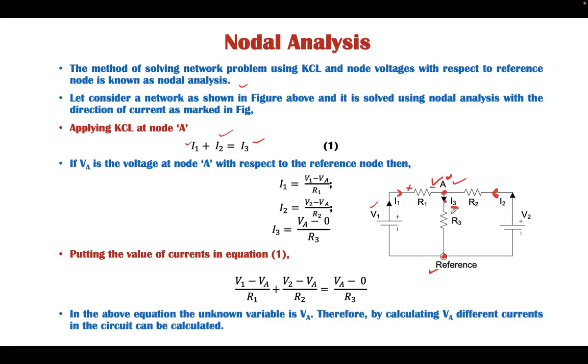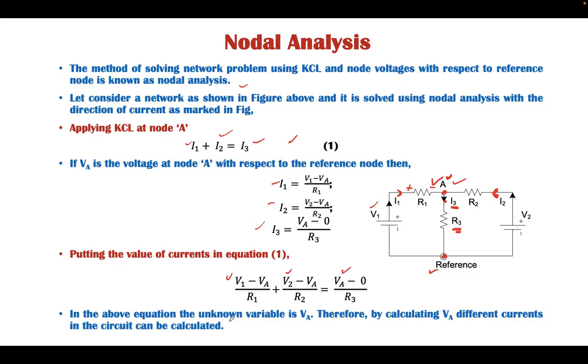Now for the third element, I3 can be defined as (VA minus 0) upon R3. This is the third resistance. Putting these values of I1, I2 and I3 in the first equation, it will be (V1 minus VA) upon R1 plus (V2 minus VA) upon R2 equals (VA minus 0) upon R3.